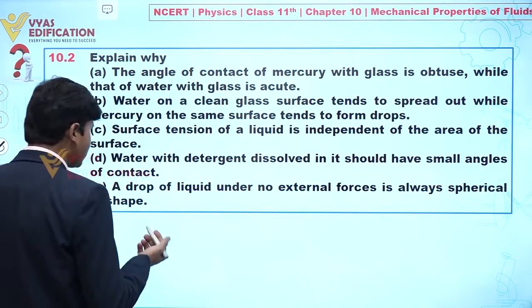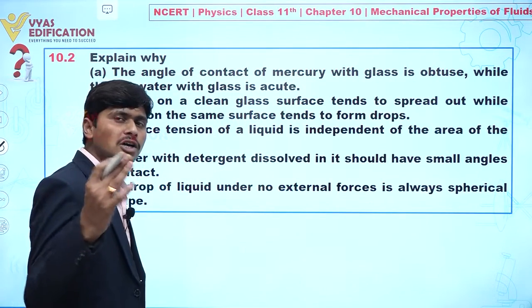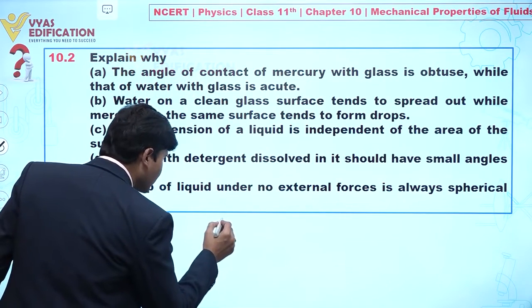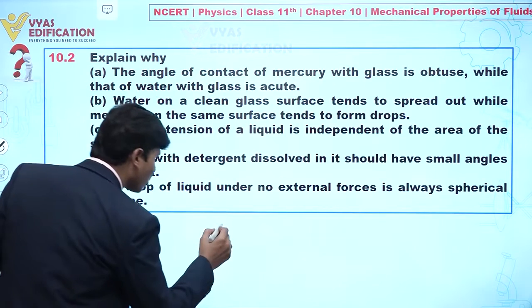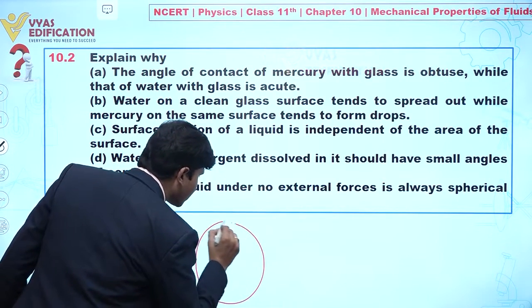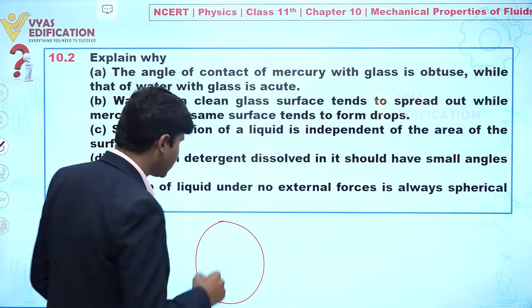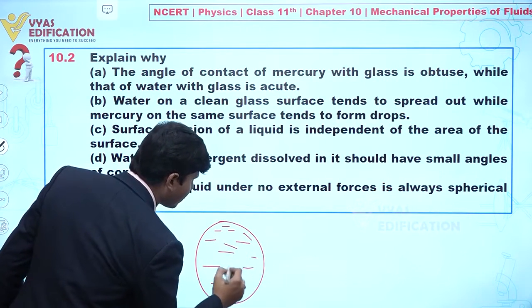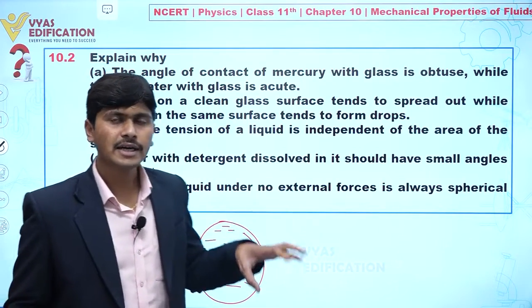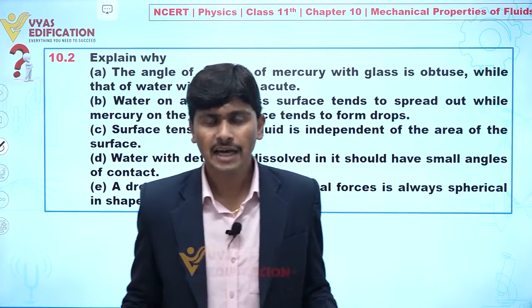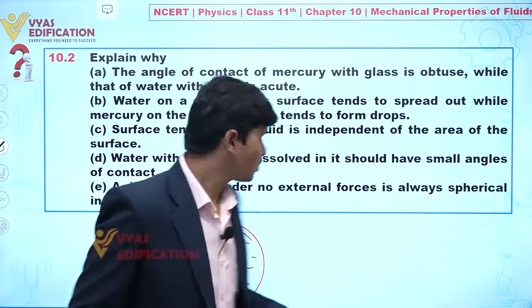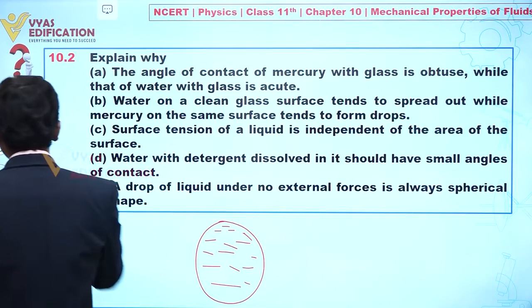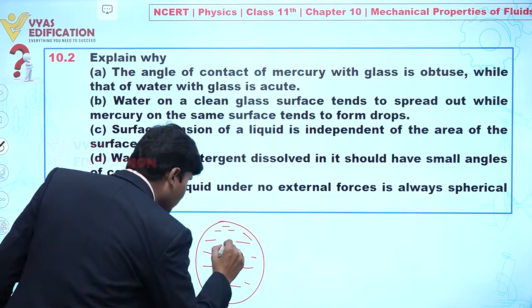Let's suppose I am taking a top view of any container. Let's suppose we have a cylindrical container with a liquid and I am observing from the top. Let's suppose I am drawing an imaginary line.